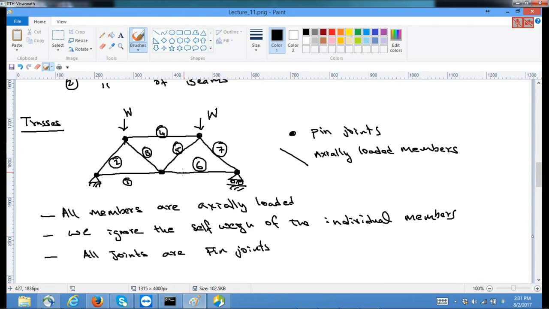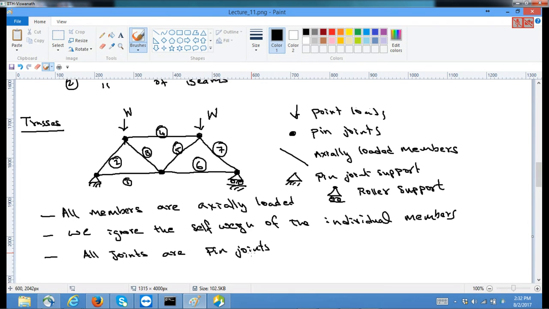So these are pin joints, and this is a pin joint support, and this is a roller support, and these are the point loads.